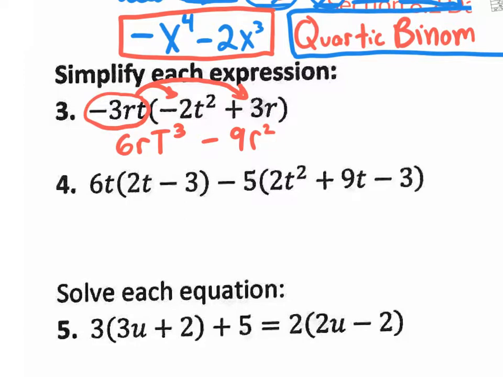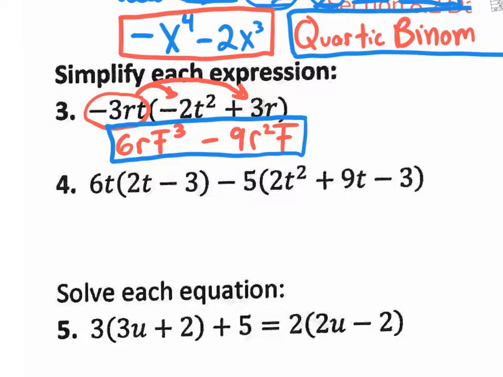I'm just going to bring down that t. Whoops, I said capitalized. Sorry about that. Let me just keep it alike. So anyway, that's my answer for number 3. Now this one was slightly a little more confusing because it had 2 variables in it. It has the r's and the t's, but that's okay. As you can see, we could do them. Let's move on to number 4.